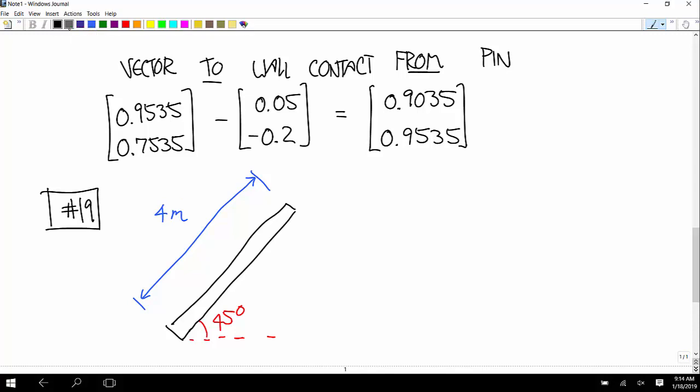The left end is connected to the ground by a pin, which slides in a slot that makes a 20-degree angle with the vertical. Okay, so there's a pin here, slides in a slot, like this, and this makes an angle of 20 degrees with the vertical.